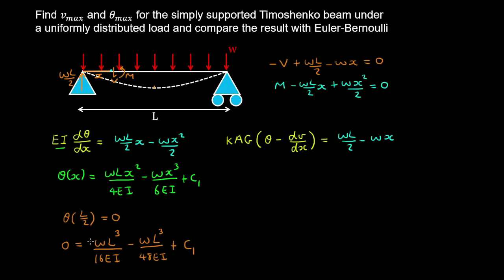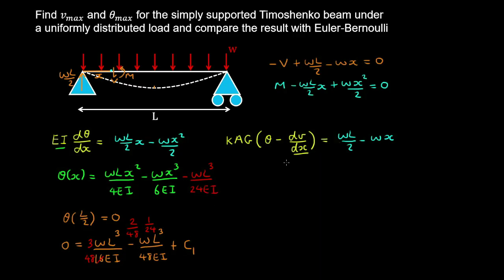And 1 on 16 is the same as 3 on 48. And 3 minus 1 is 2, so we get 2 on 48, which is 1 on 24. So therefore C1 is minus wL cubed on 24EI.